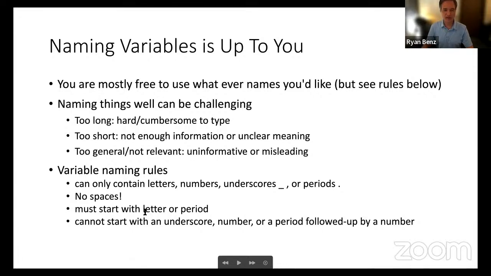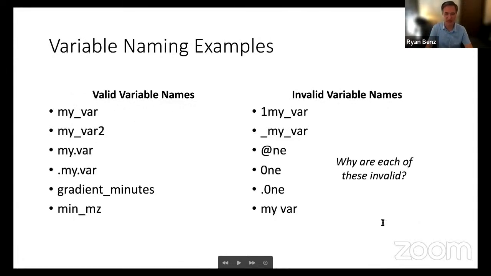Interestingly, your variable must either start with a letter or a period. So your variable can't start with a number or an underscore. It must start with either a letter or a period. I think it makes the most sense to start with letters. And strangely, you cannot start with an underscore, a number, or a period followed by a number. That's probably confusing.